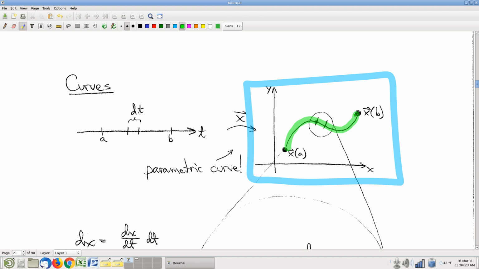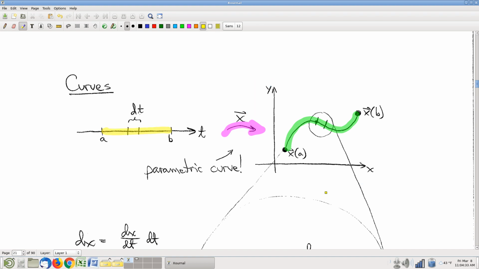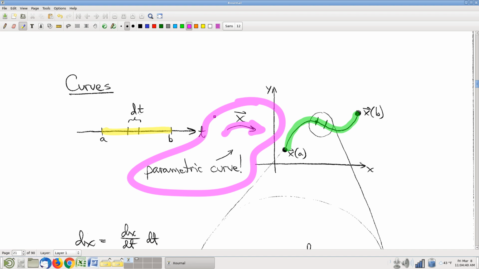I don't like the domain. What am I going to do if I don't like the domain? I'm going to view it as being the image of something that I do like, right? And notice that viewing a curve as the image of a function is something we've done before. That is just a parameterization.